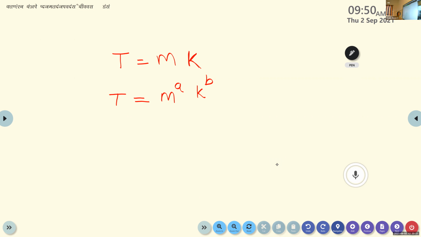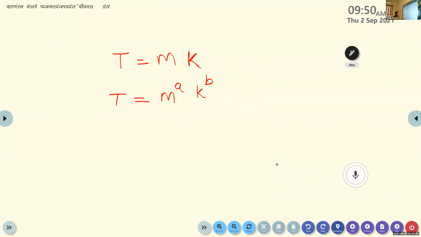Here we need to express the time period in terms of dimensional formula. What do you mean by dimensional formula? It is the representation of a physical quantity in terms of mass, length and time.